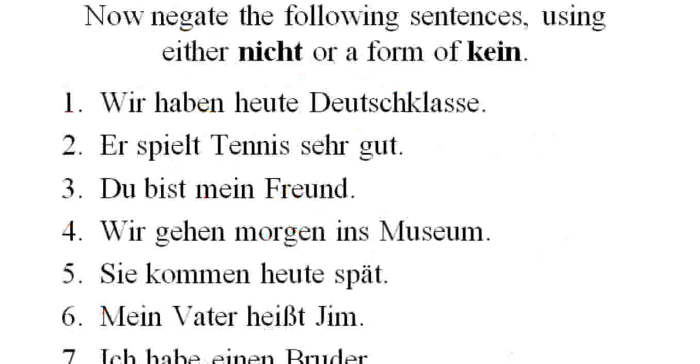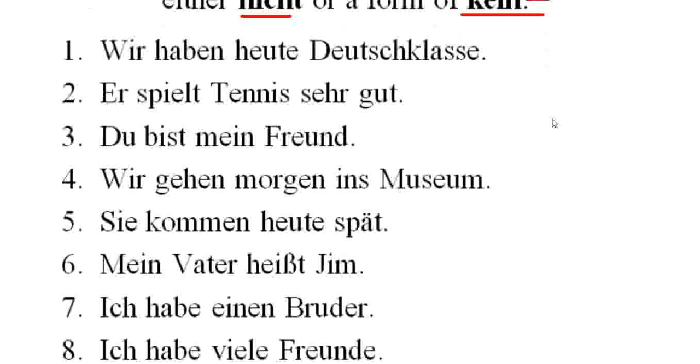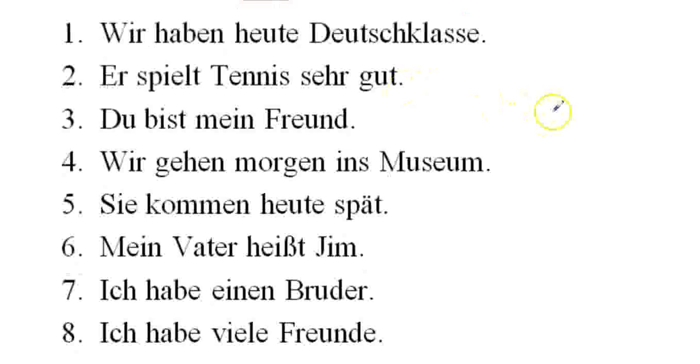So, making sure that you've seen the kein video as well, take a look at these elements. Look at these sentences and place either a nicht or a form of kein. Watch the ending. You might have to have an ending on it to see if you can negate these sentences. Write them out as negatives. Wir haben heute Deutschklasse.